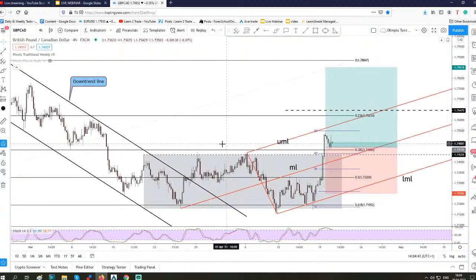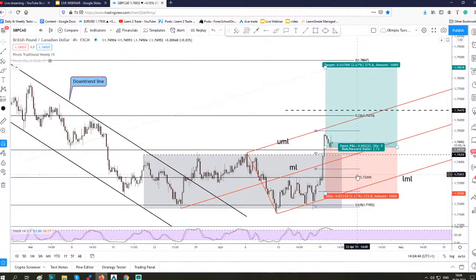So personally, I'm still expecting this pair to continue higher, after maybe a temporary consolidation here. A temporary drop, a decline was expected after this aggressive rally. Maybe the price will also retest the 38.2, maybe the medium line, before it will jump higher.